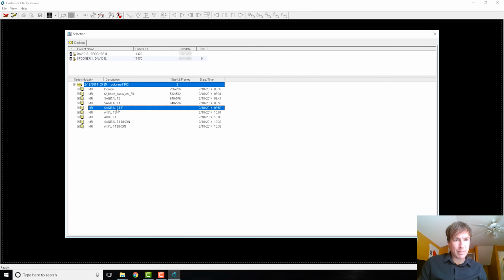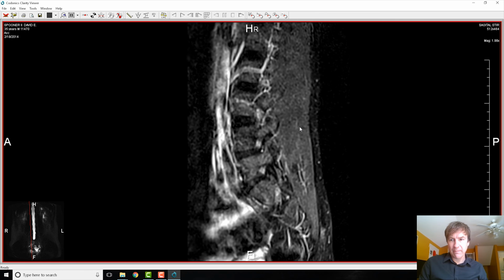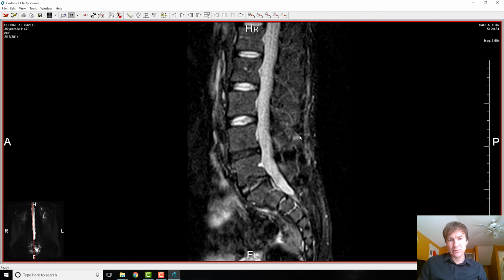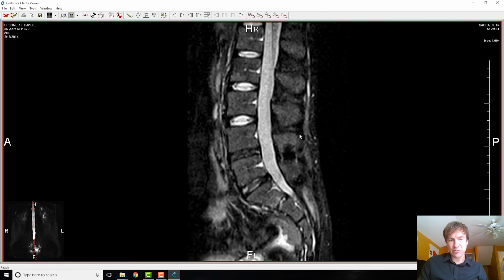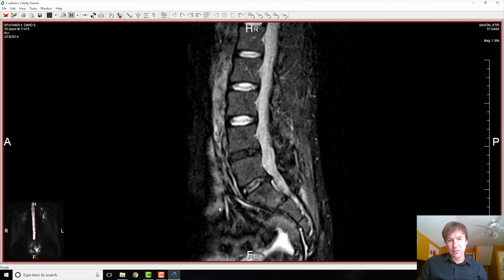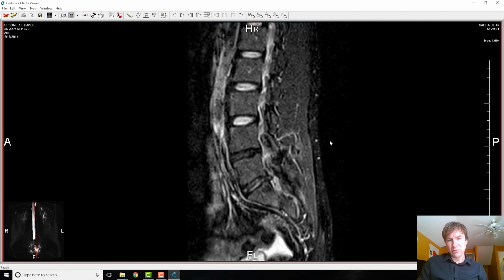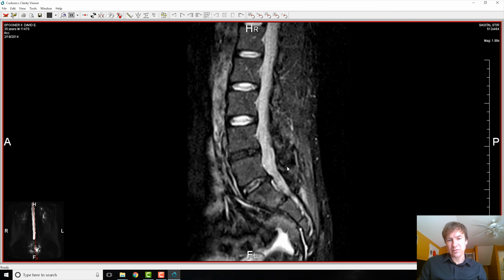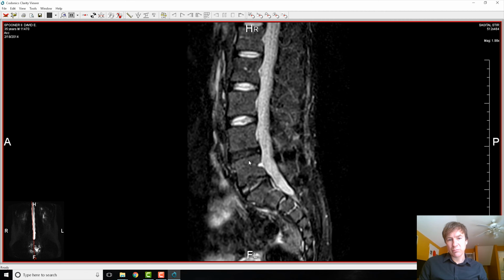Go to the next one. So again, starting from the right side, go to the left. I know for sure this one had contrast in it. So this was a problem. He worked on this disc, on this one. In the previous MRI, and the first surgery, he worked on both the L4, L5 disc and the L5S1 disc.